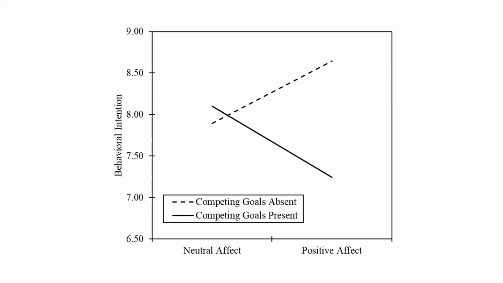But just as a glance to get oriented, remember I said the logic of this study was that the relationship between positive affect and motivation, in this case it's behavioral intention, is going to be negative when you have competing goals, when you have other stuff to do. So positive affect signals, I'm doing pretty well on this goal. I can reserve my effort here and allocate it elsewhere.